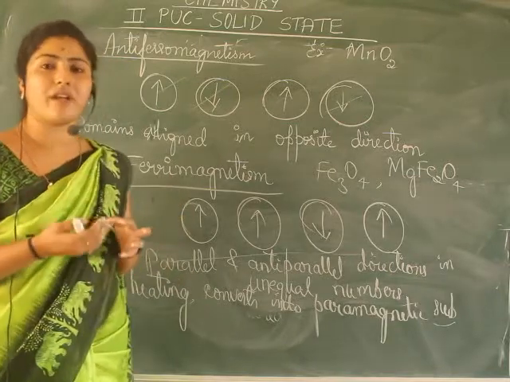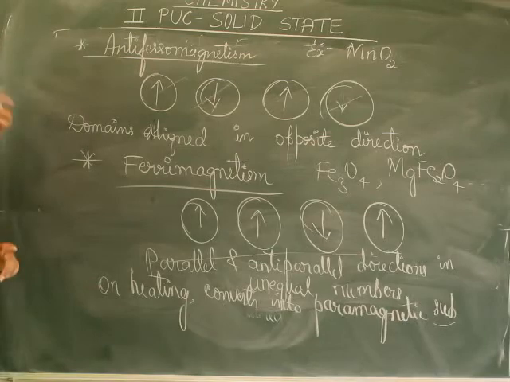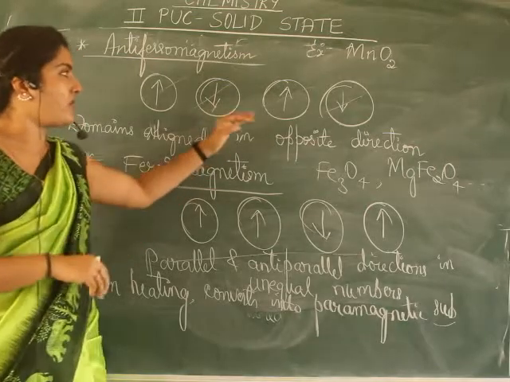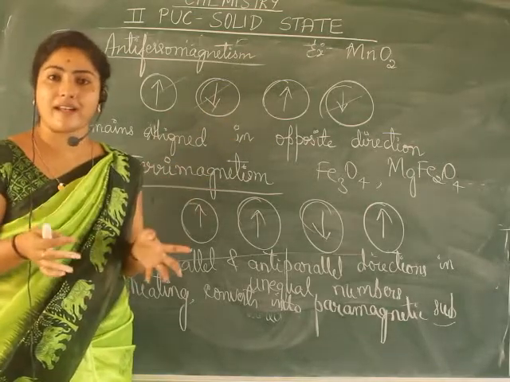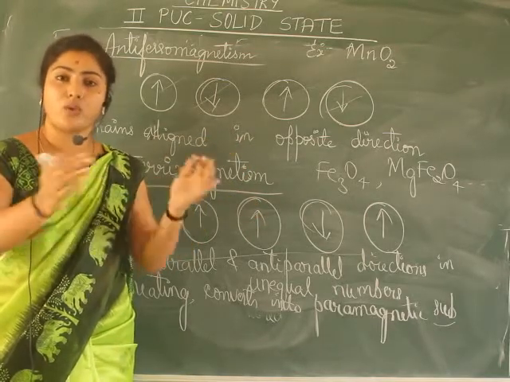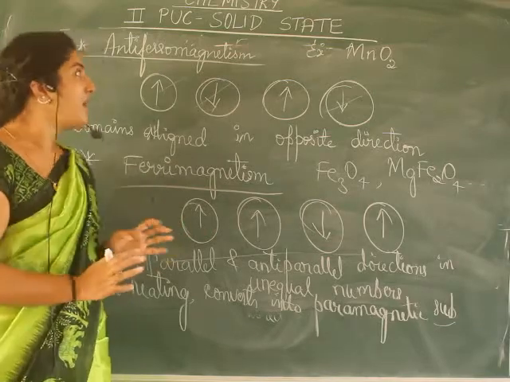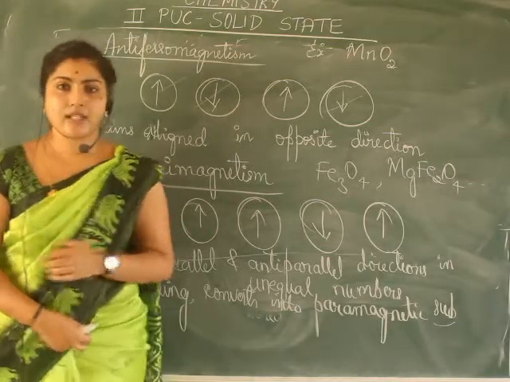That's about the different magnetic properties that have been mentioned, and the examples you should know. Now you know the definition of domains again. Domains are nothing but the metal ions that form a group in a small region, which we consider as domains here. So that's about magnetic properties.